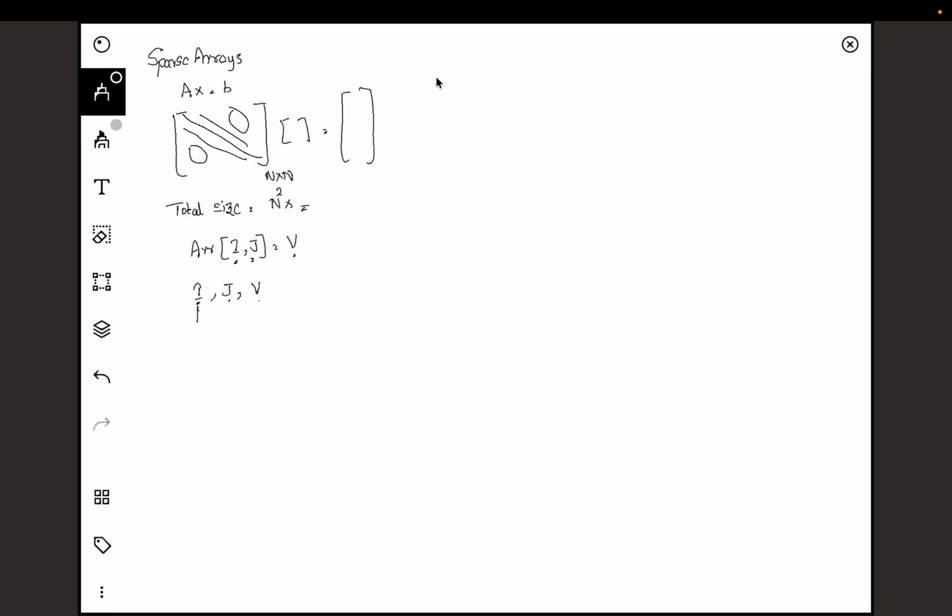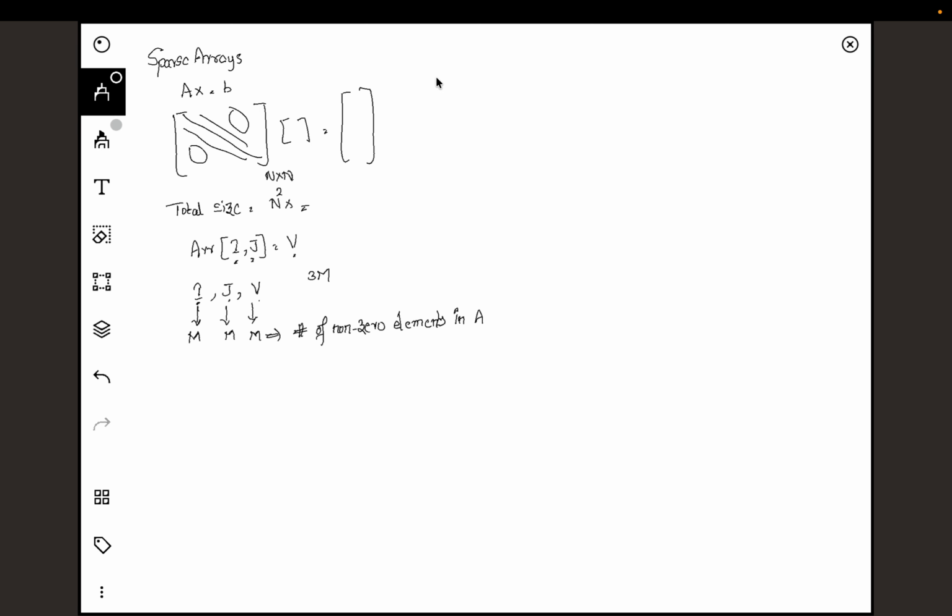Each array will be of dimension m, whatever the number of non-zero elements is. So the total size is 3m, where m is the number of non-zero elements in A.